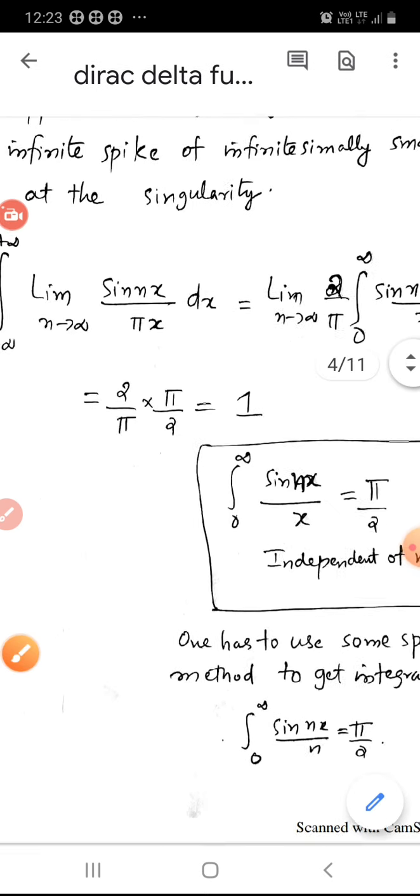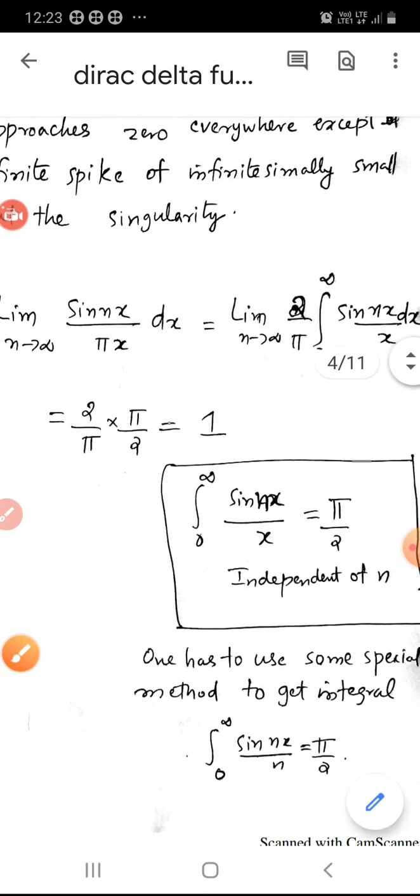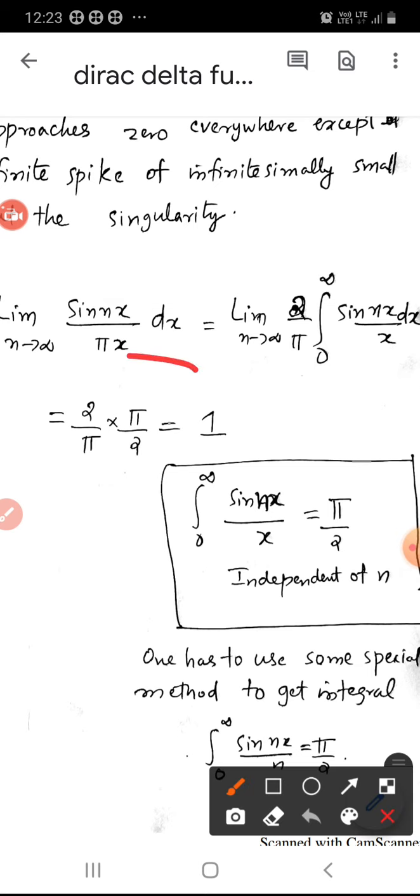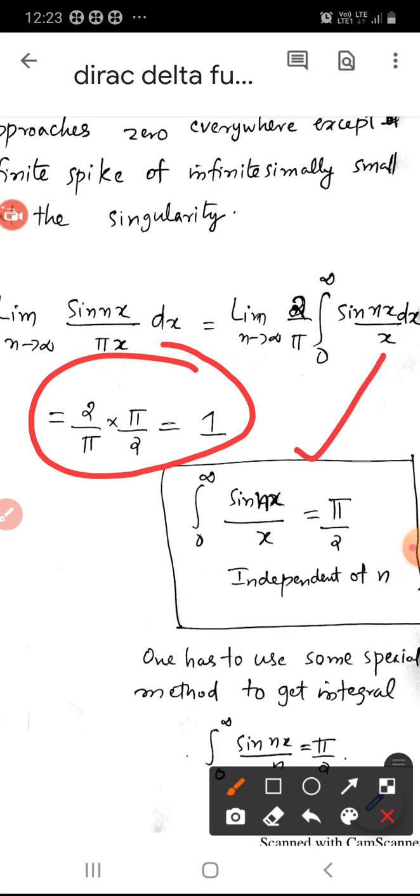Then this is equal to 2/π into π/2, that is equal to 1, because we are using this standard integral value: the integral from 0 to infinity of sin(nx)/x is equal to π/2. That's a standard integral. We need some special methods to evaluate this integral. Its value is π/2.